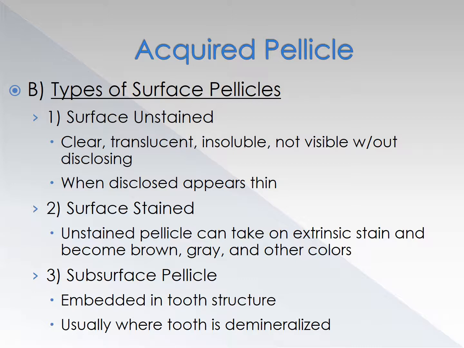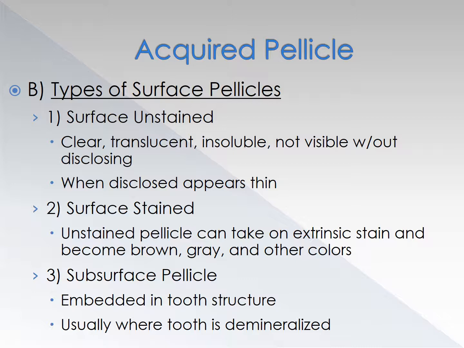Okay, so pellicle can take on staining through extrinsic means, and they become grades of brown and gray, other colors. I've seen orange and green. We don't want to talk about that, but no, we will talk about it later on.